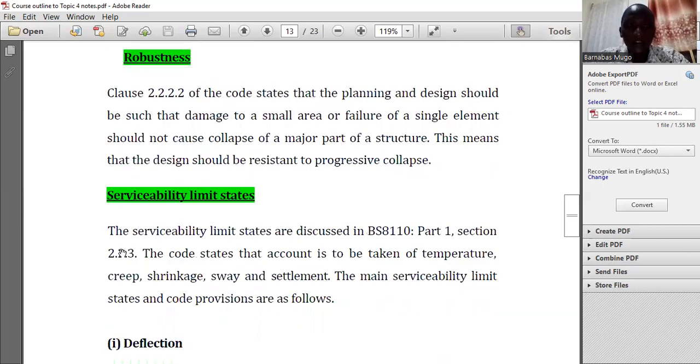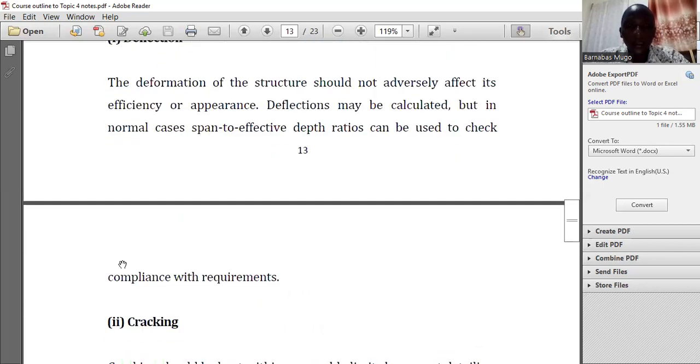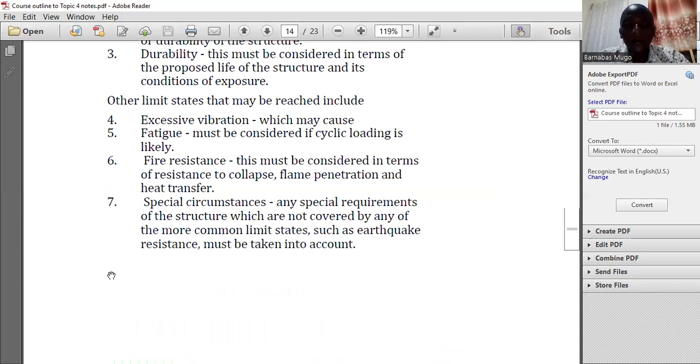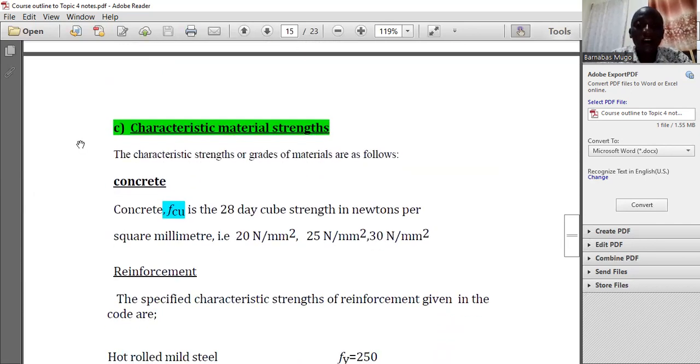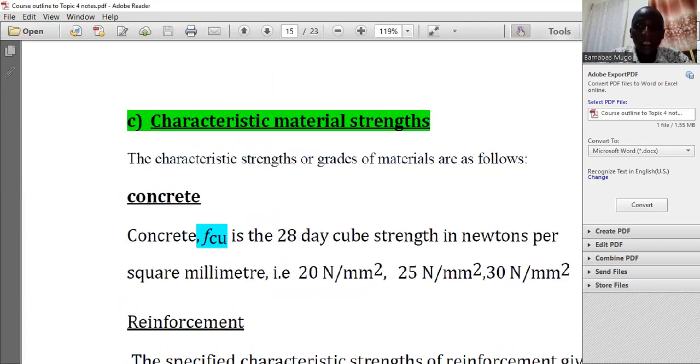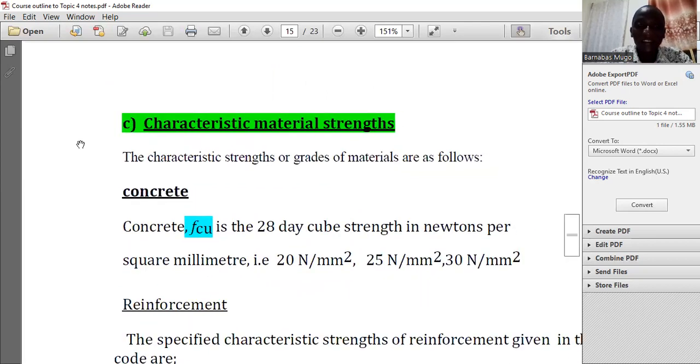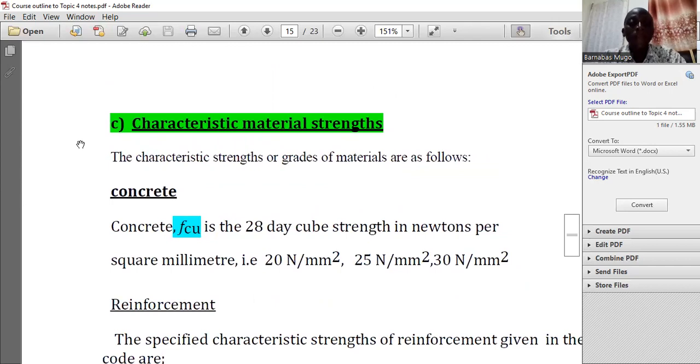And today's lesson, in this video, I want us to discuss something that is called the characteristic strength of concrete. We are saying that the characteristic strength or grade of materials are as follows.